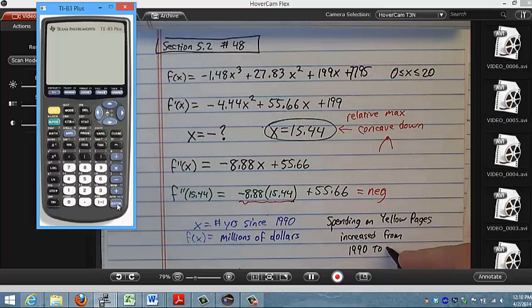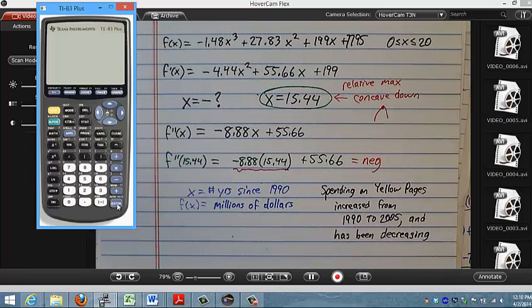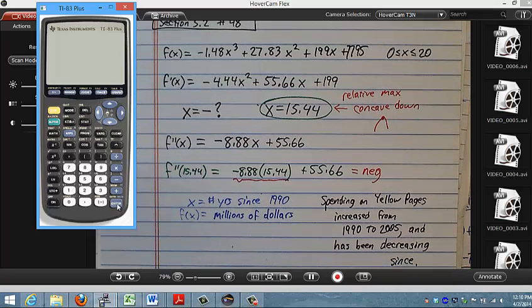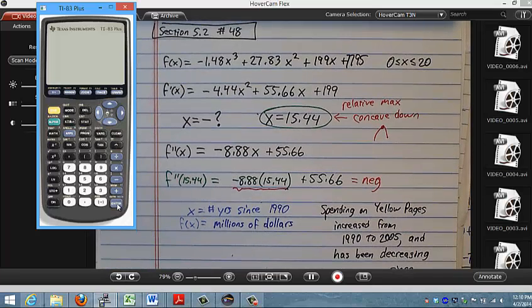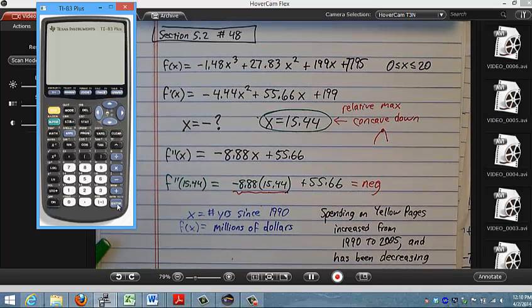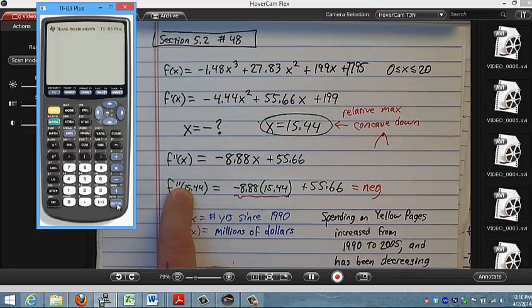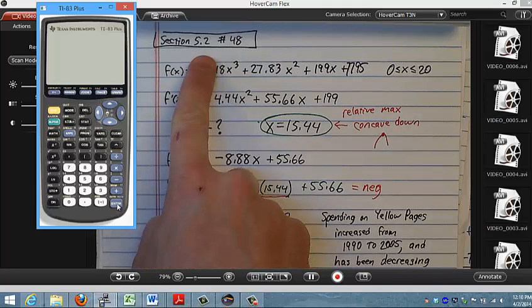To 2005, and has been decreasing, well, I guess at least until 2010, but let's get serious here, right? Since. I think that should make sense to you. You guys follow what's happening here? Yes. Okay? So I feel that this second derivative test makes what I had to do in section 5.2 easier.